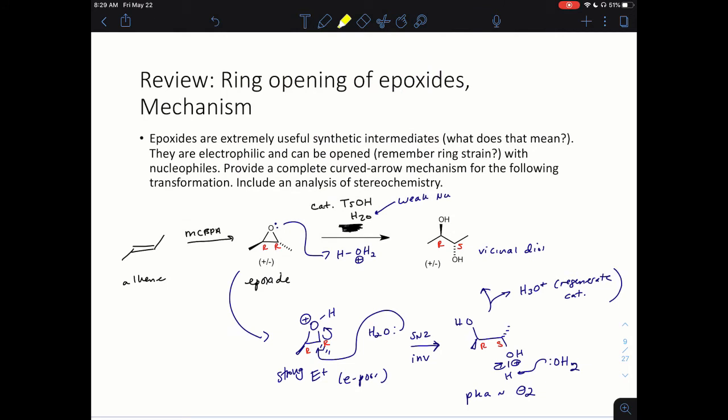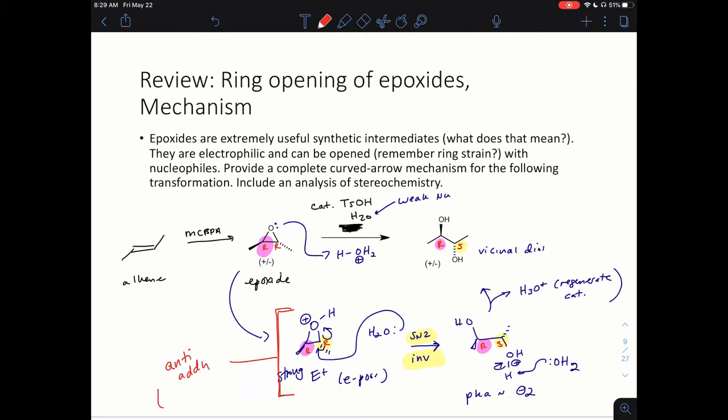I've assigned the absolute configuration so that you can first see the inversion, and then once you've inverted the stereocenter in the SN2, nothing changes, so that stereocenter stays in the product. Okay, and the carbon at which there is no reaction, there is no inversion, that carbon stays consistent the whole time with its stereochemistry.